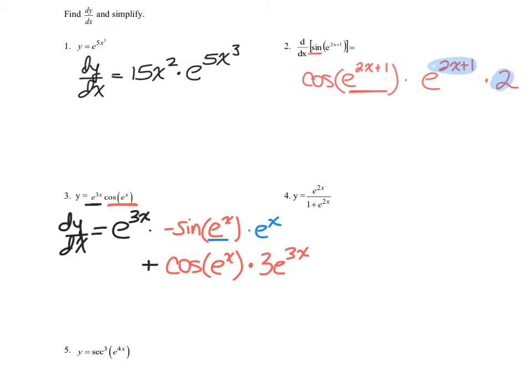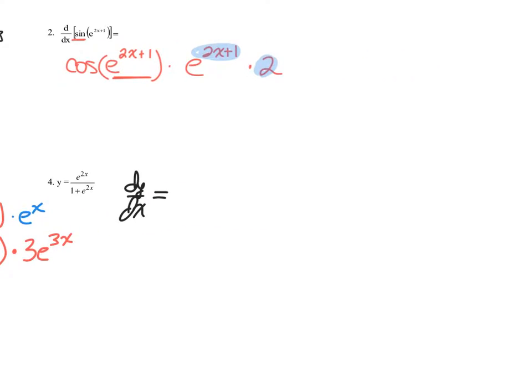Number 4 is a quotient rule situation. All right, so a little low D high, high D low business. I'm sure I mentioned this at some point, that I like to take care of the denominator squared part first, just in case, because odds are if I'm going to forget something, that's probably what I'm going to forget.